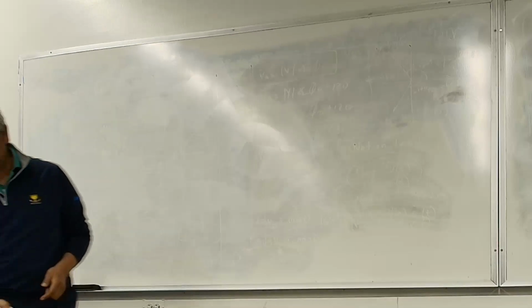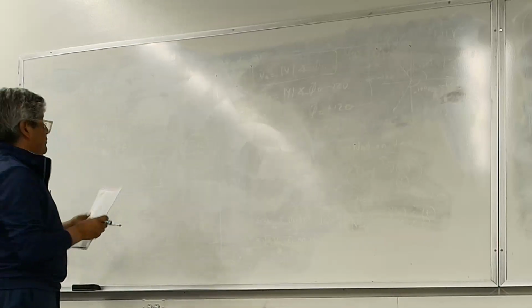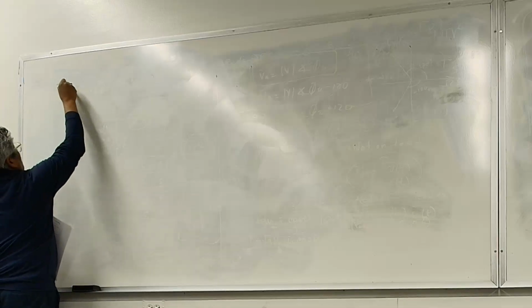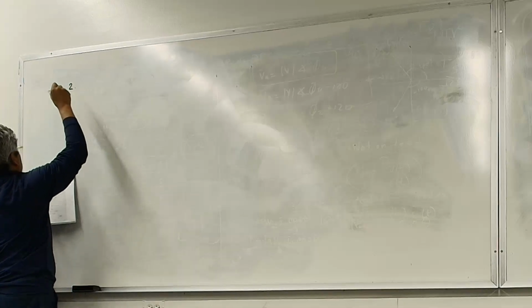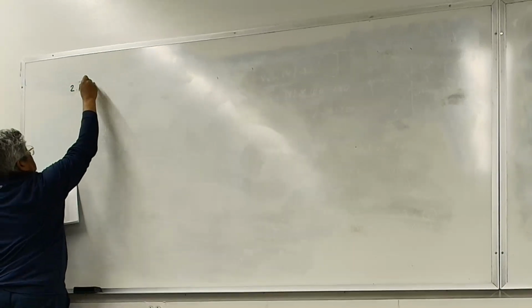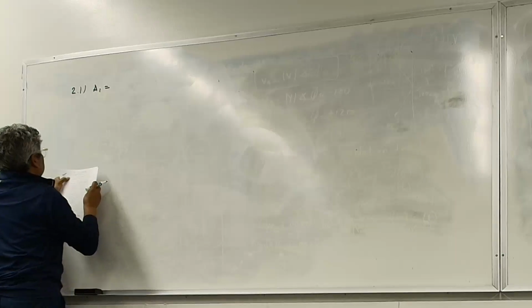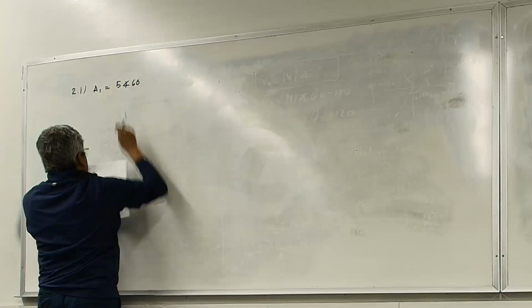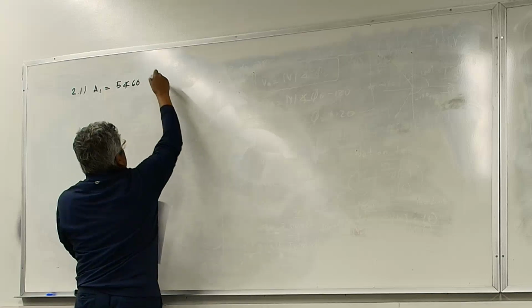All right, so homework number one was really simple. And like I said, you should be able to do this. There was, was it 2.1? Yeah, problem. And it was A1 equal to 5 angle 60 degrees. These were just complex values.